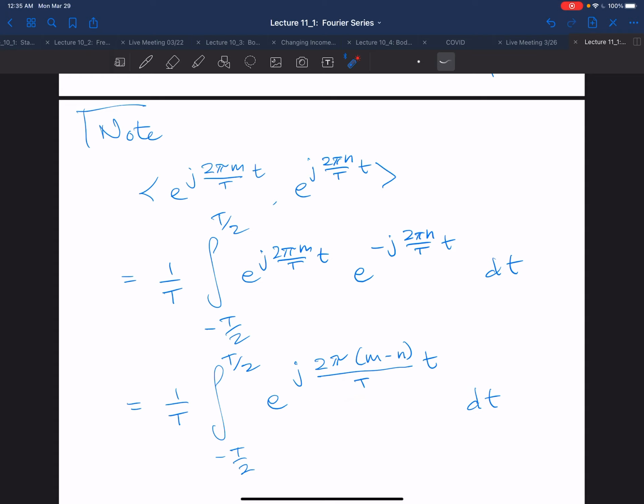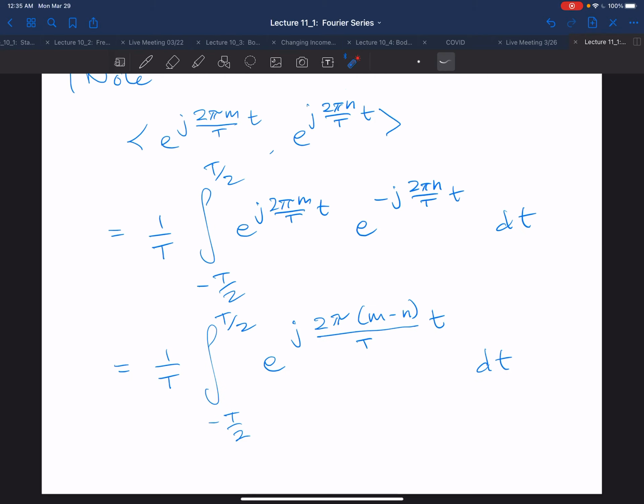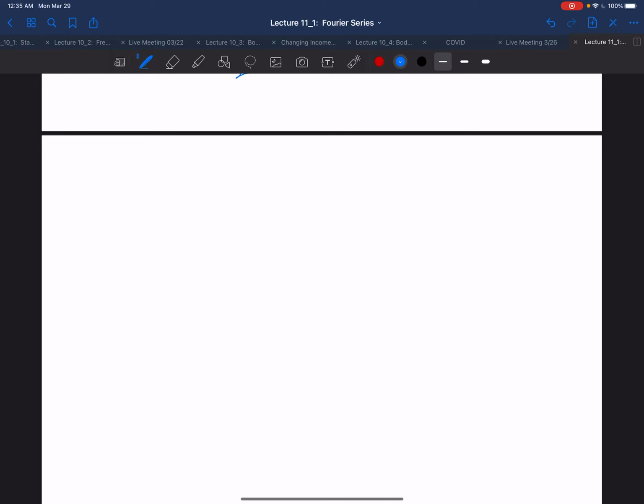So we'll be integrating it over an integer number of its periods. When you do that with a sinusoid, you get 0. So the result is 0 if m is not equal to n.